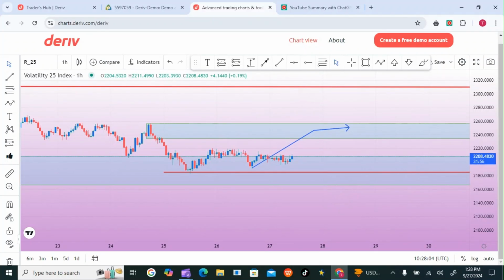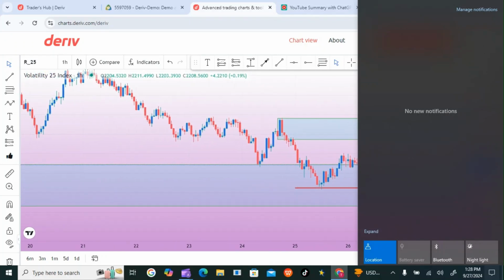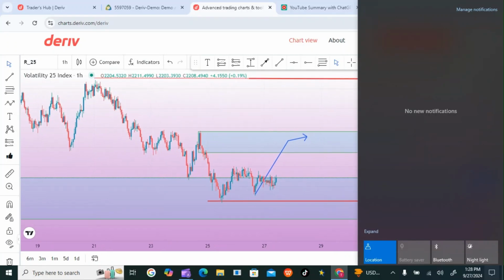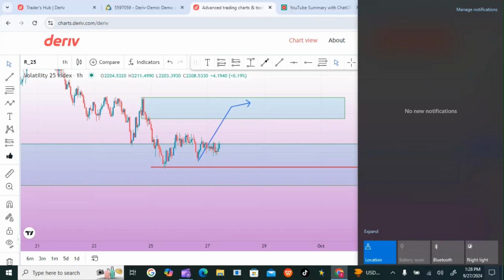So moving to the 4 hour candlesticks, what do we spot? The market has been moving on a downtrend, and then it has reached this zone.